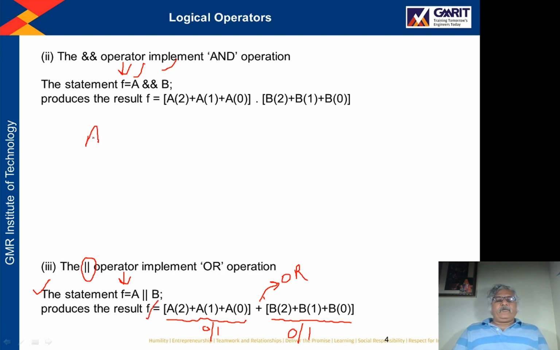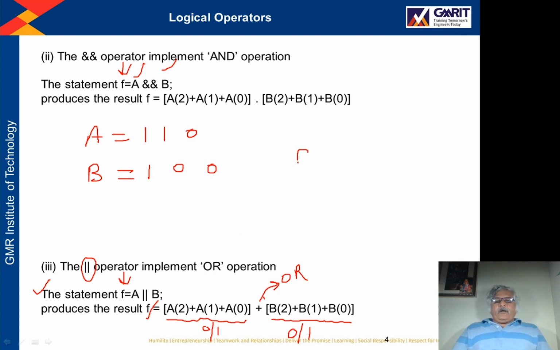So let us take one example. Let us assume A is a 3 element vector and its value is 1 1 0. B has a value 1 0 0.